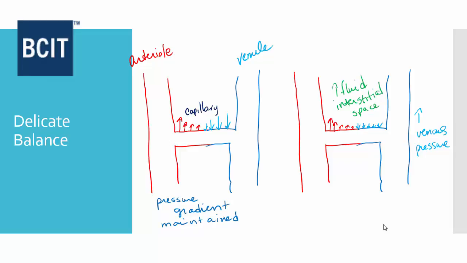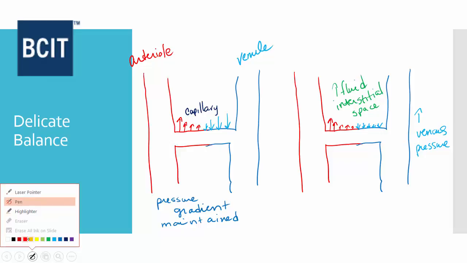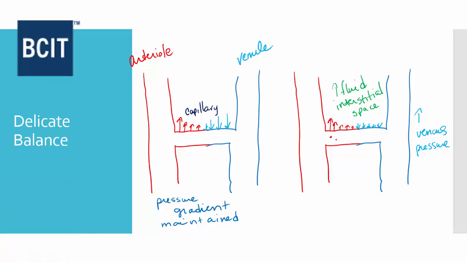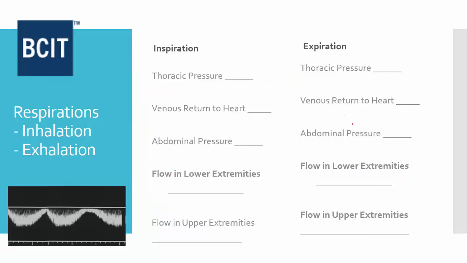When we have an increase of venous pressure or that transmural pressure, we get a leak of that fluid into the interstitial space, and reabsorption doesn't happen. We also get a reduction of that pressure gradient, so the red blood cells start to slow between the arterial and venule side of the capillary bed. So we have a decreased pressure gradient and a decrease of venous return.